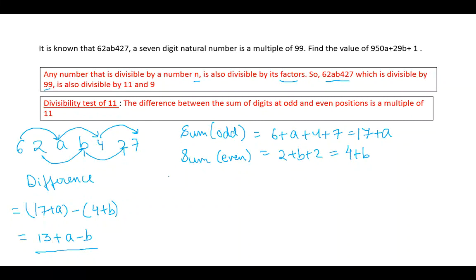So we'll start by looking at what our options are. You have to understand that there will not be a lot of options because we have limitations on A and B.